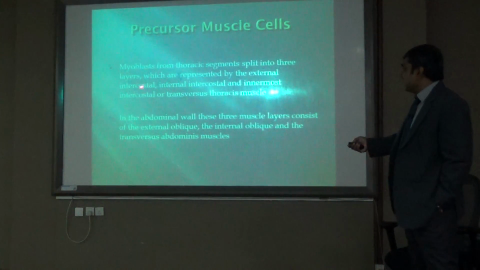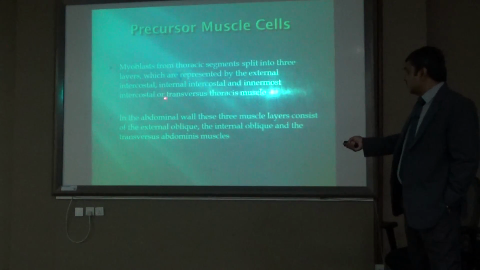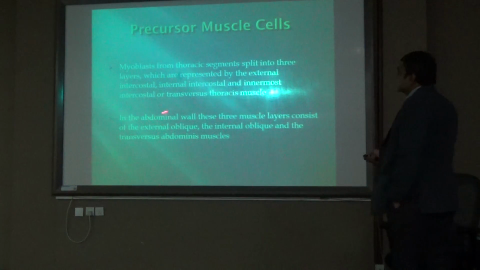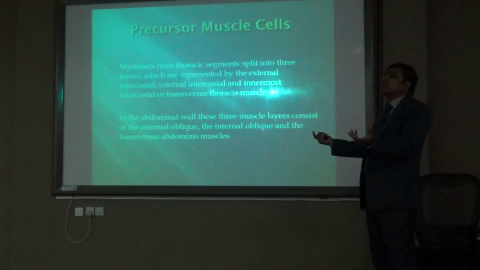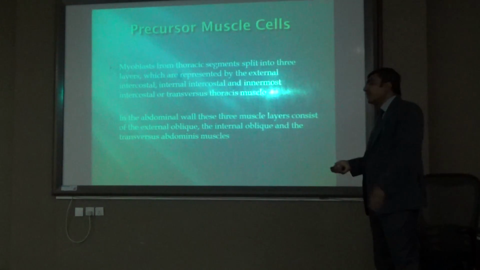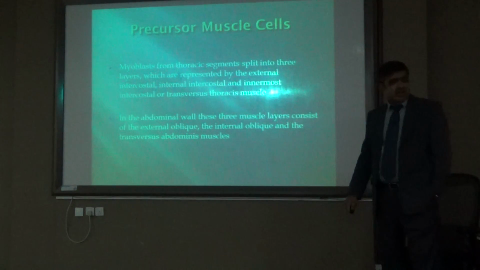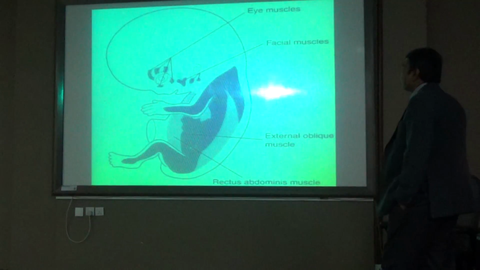In the thoracic region, external intercostal, internal intercostal and innermost intercostal, or transversus thoracis, as we also name it. When this same layer comes into the abdominal region, its name changes, otherwise the layer is almost similar: external oblique, internal oblique and transversus abdominis muscle.